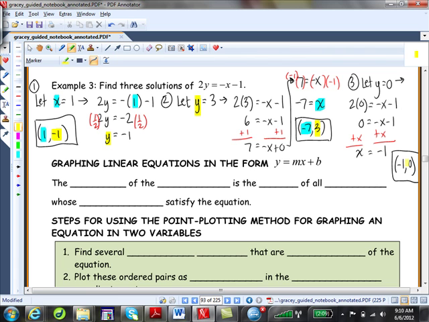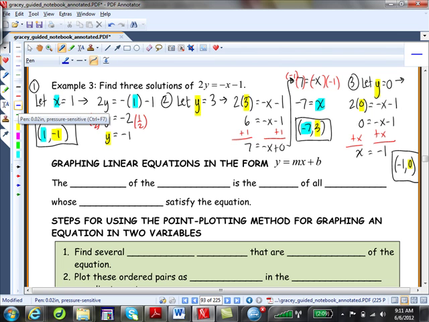So this happens to be kind of a special ordered pair, because this one, notice, is not in any of the quadrants. It's going to be on the x-axis. So this is actually also called the x-intercept. So we'll be learning about that in the next section. A lot of times people like to graph using intercepts.